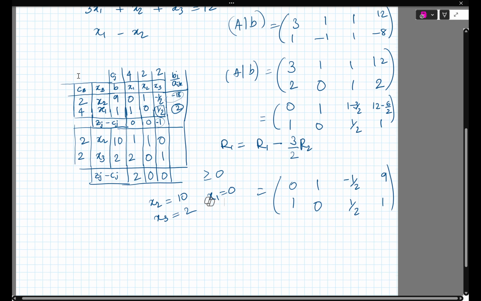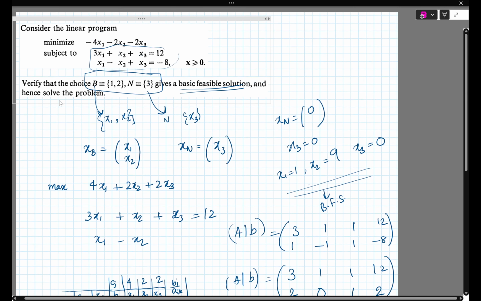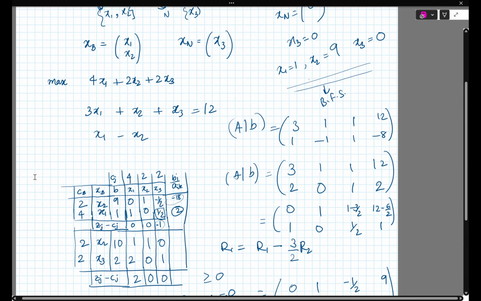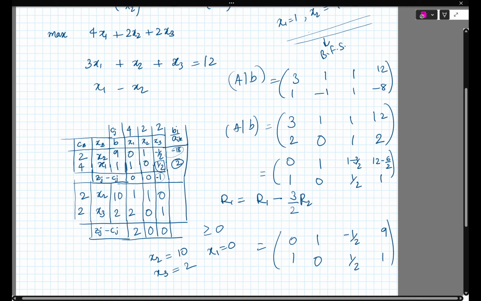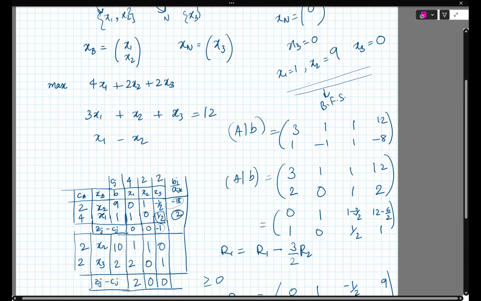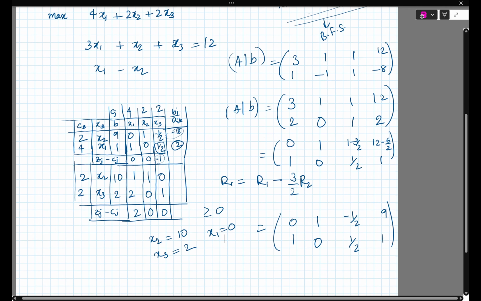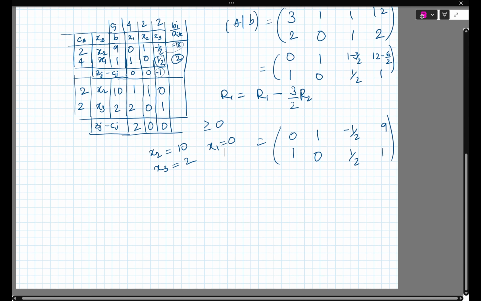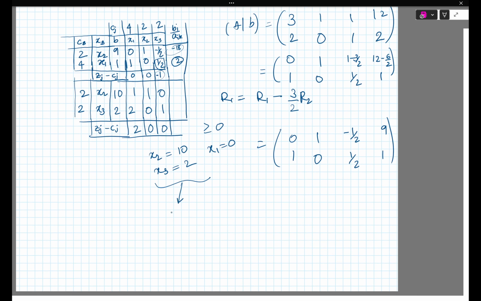Okay. So 10 and 2, if I put into this, x1 is 0, x3 is 10, 20 plus 4, so in this I'll get objective as 24.